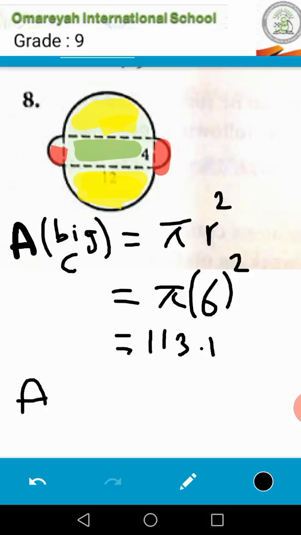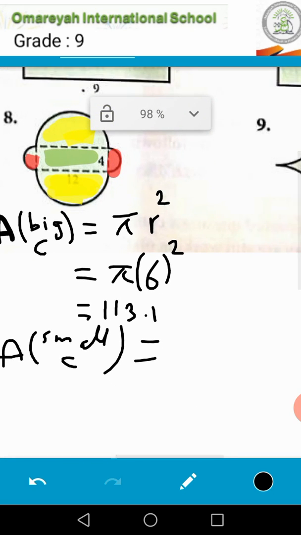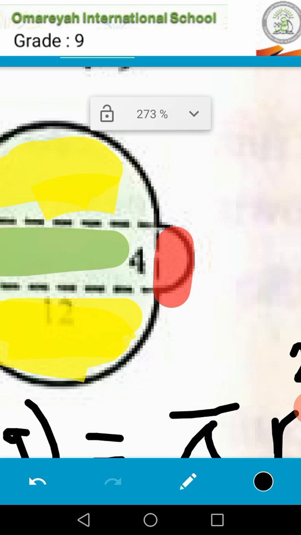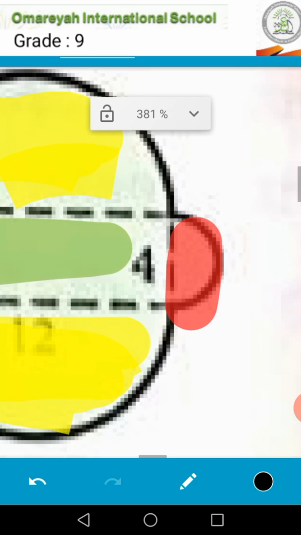Now give me the area of the small circle. How can you find the area of the small circle? By using the same rule, pi times r squared. Now can you tell me what the radius of the red circle is? I want the radius. This length is the diameter, don't forget.